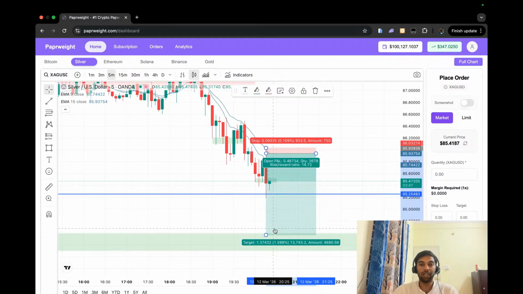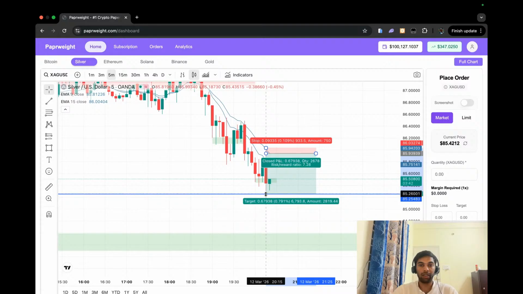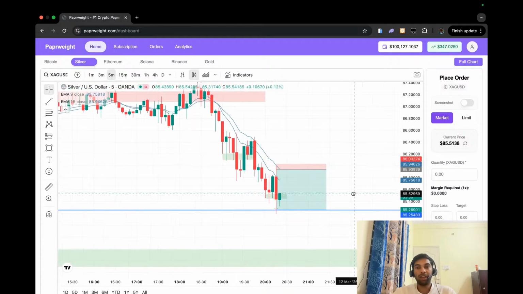This is my original target, but I squared off somewhere here. This is 1:14, but I came out at 1:7. This is also a good target, guys. So I booked 300 plus dollars profit.